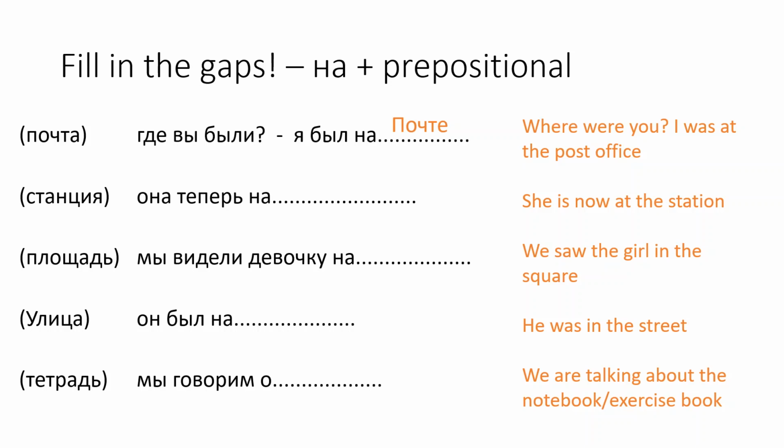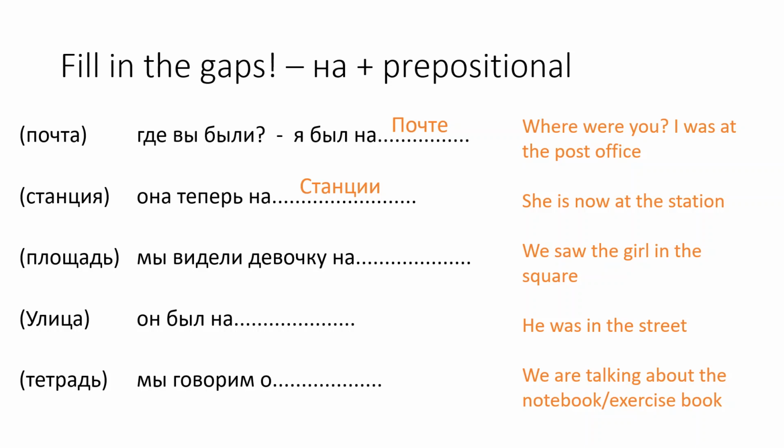And same with станция, that was more open-aired, I think, which is why it uses na, but it's still confusing for us.